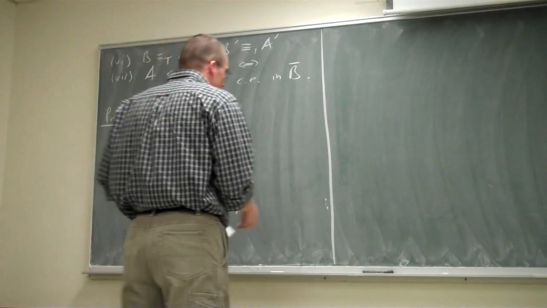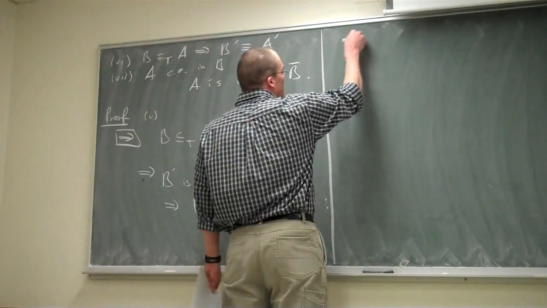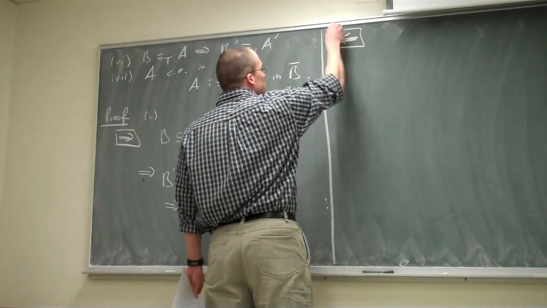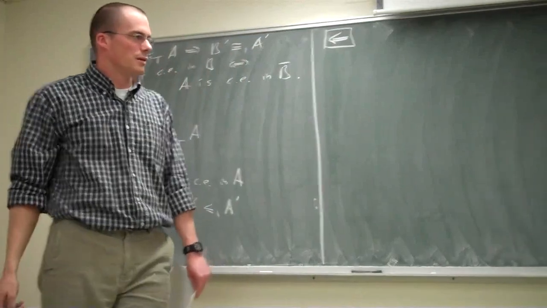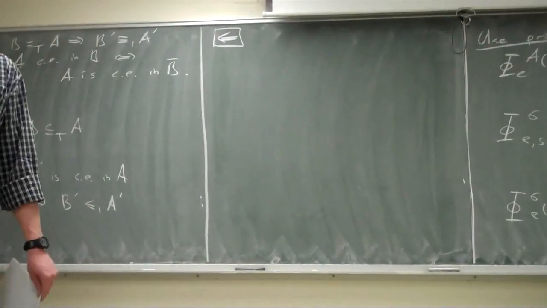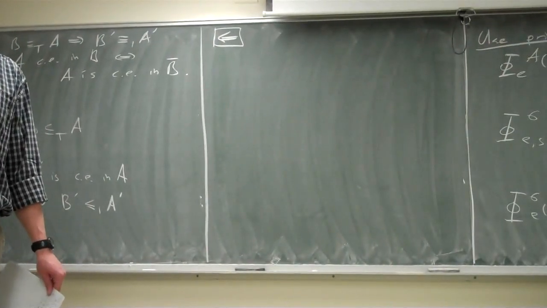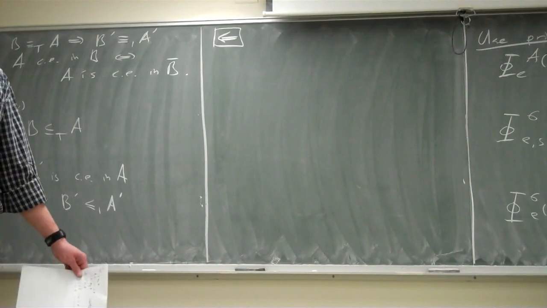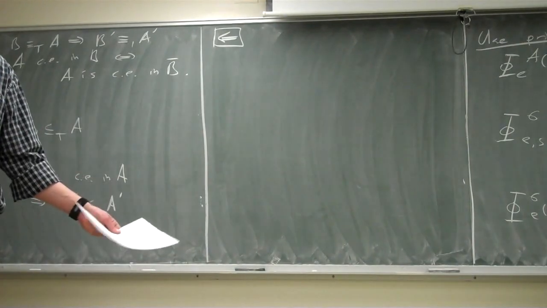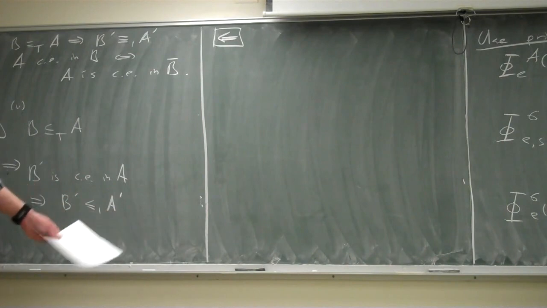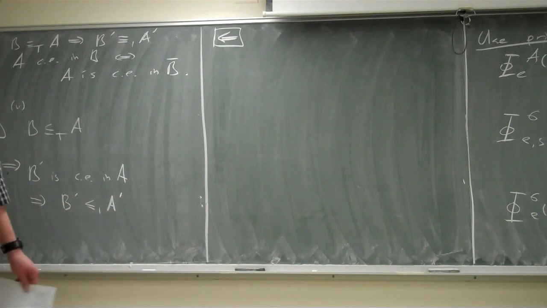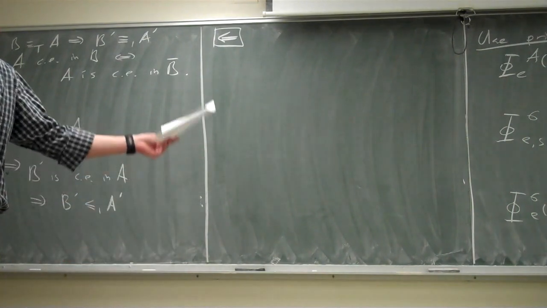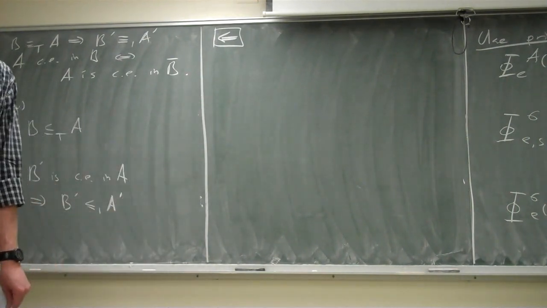Okay, that leaves the other implication. Like I said, we're doing a lot of work, but not really achieving that much. Or it seems like we're not really achieving that much, which is why this is maybe not the most inspiring lecture. But these are all observations that you need to make.